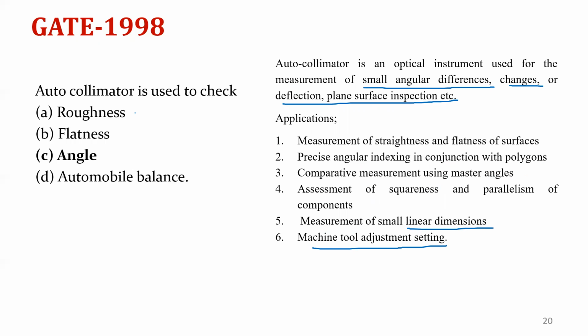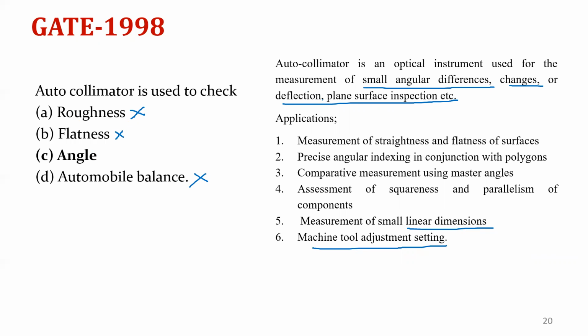So roughness cannot be checked using the auto collimator. There are roughness measuring instruments that will check that. And flatness can be checked with interferometers and optical flats, so this is also wrong. And automobile balance, this is completely wrong.